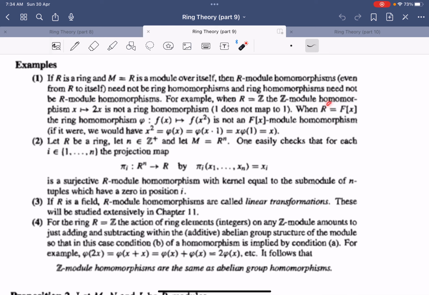And when you have a ring homomorphism, it might not be a module homomorphism. So there's no interlink between the ring homomorphism and the module homomorphism in general.